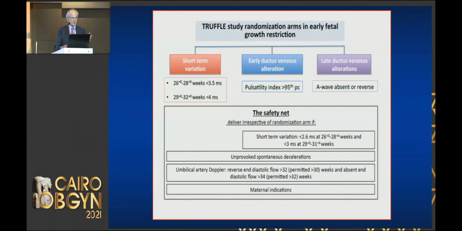Now, there were 3 groups according to randomization. Group 1 was the CTG group, short-term variation. As I said, had to be normal at the time of inclusion. In this group, it was only allowed to look at the umbilical artery, and ductus venosus ultrasound investigations were not allowed. And then we had the 2 ductus venosus groups.